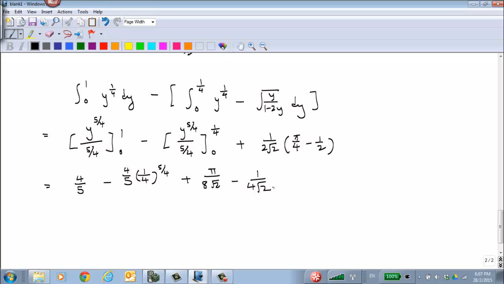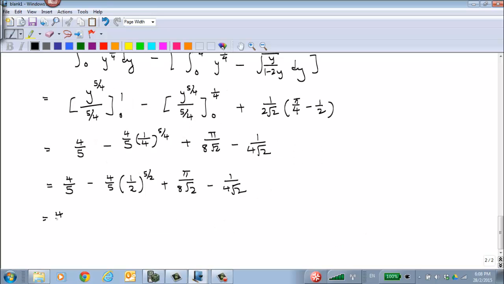Multiply everything in. So this here, how do we actually then simplify? This particular expression is actually like this. Then this will mean that this particular thing will be 4/5.